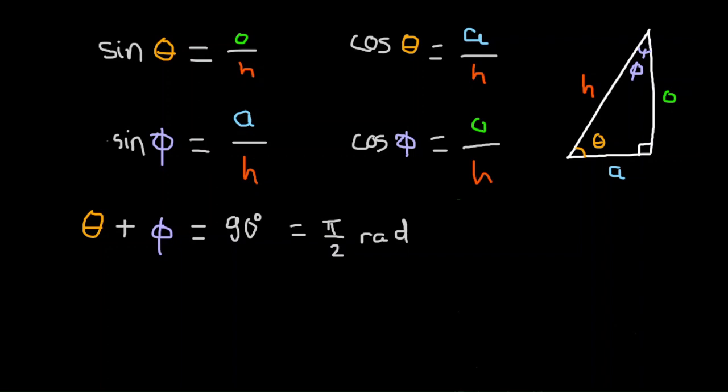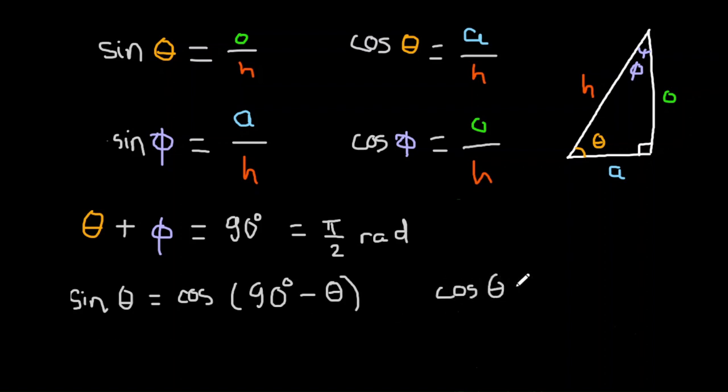Therefore, we have the general rule that sine of an angle is equal to cos of 90 degrees, or pi over 2 radians, minus that angle, and vice versa. Cos of an angle is equal to the sine of 90 degrees minus that angle. These rules are not in the data booklet, but you can easily verify them using a calculator.